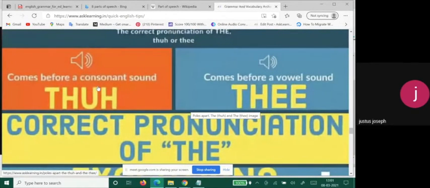The comes before a consonant sound. The comes before a vowel sound. For that, you need to know what is a vowel and what is a consonant, right?